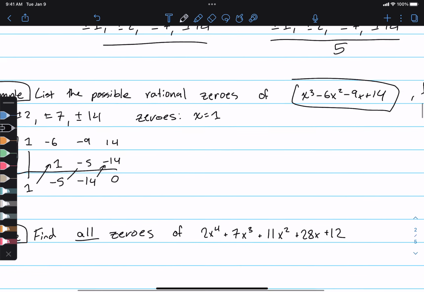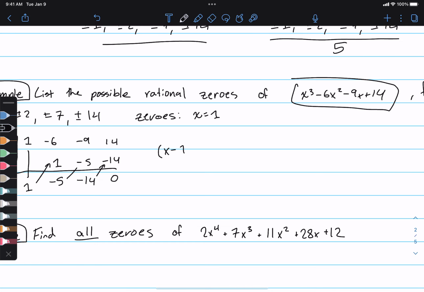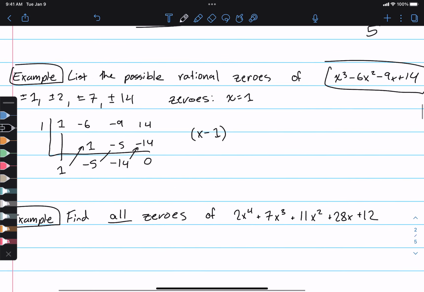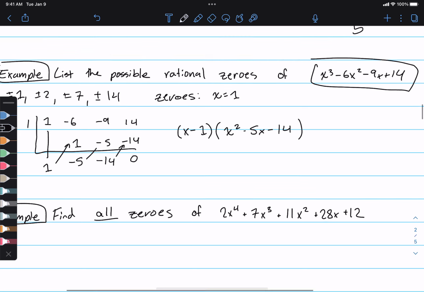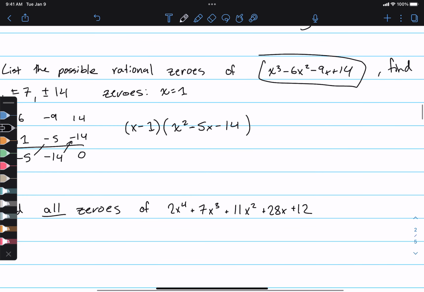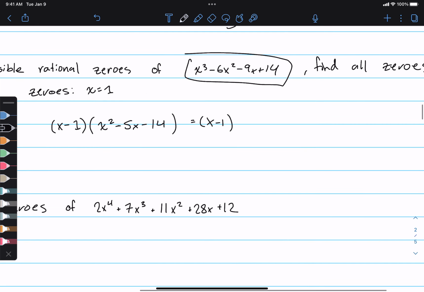And so we're going to factor this out. So we're going to factor out an x minus 1, because that's what's going to be our 0 term. And then our polynomial is going to become x squared minus 5x minus 14. And again, what are two factors of -14 that add to -5? I'm going to say this is equal to x minus 1 times x minus 7 times x plus 2.